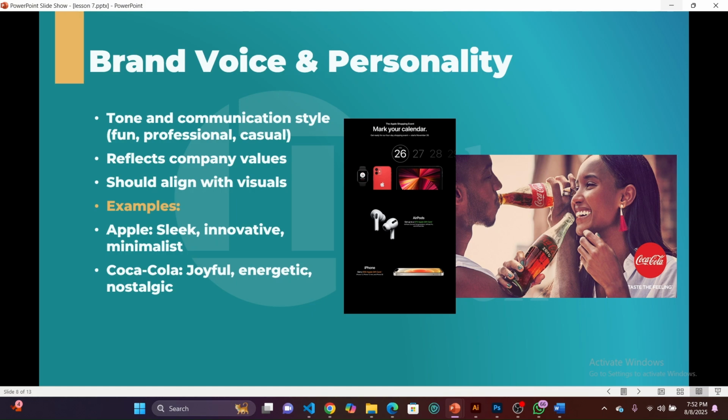And this personality of the company should align with the visual. So as a designer, for example, if you're coming for a company, let's say Apple. Apple has a sleek, innovative and minimalist tone. That's Apple's tone, so your designs should reflect this.